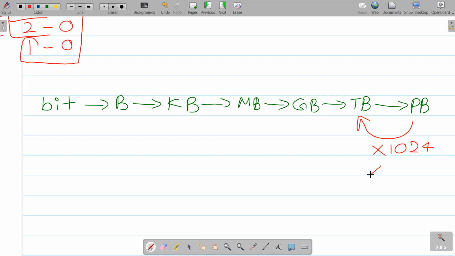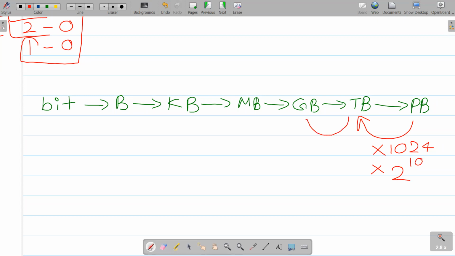That's the relationship. That means it's 2 to the power 10, the 1024 we can refer to.